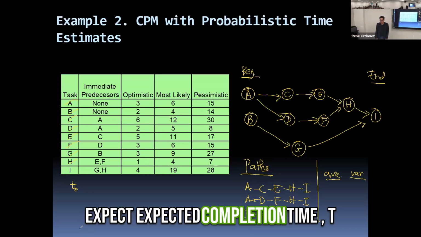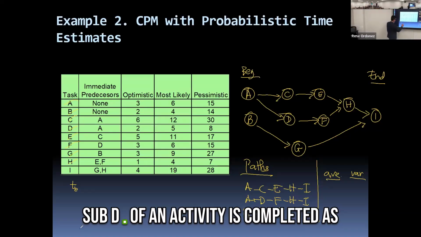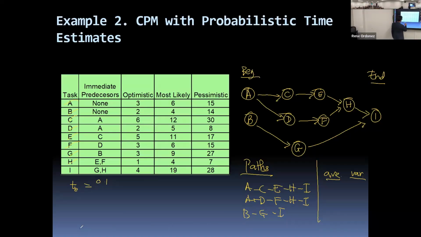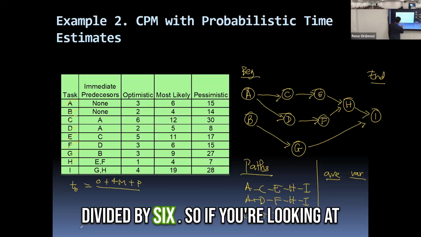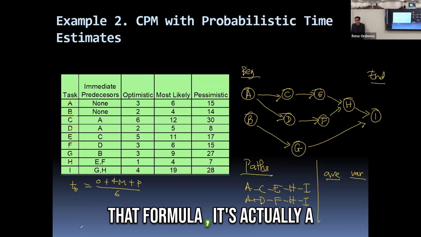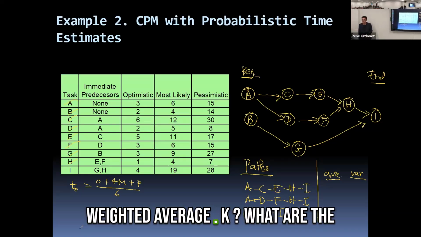The expected completion time, T sub E, of an activity is computed as optimistic plus 4 times most likely plus pessimistic, divided by 6. So if you're looking at that formula, it's actually a weighted average.